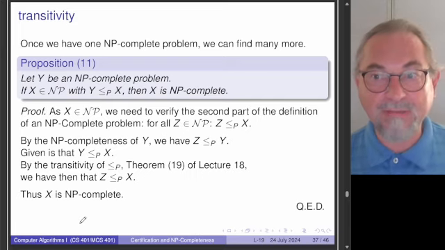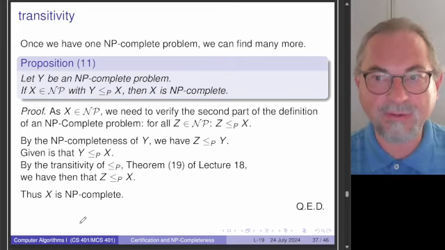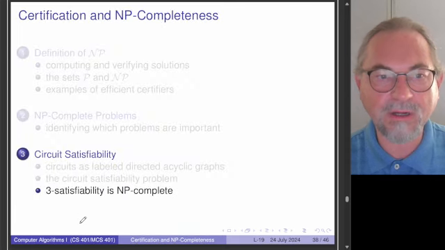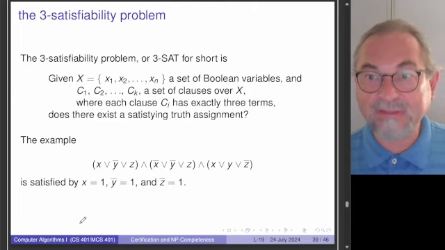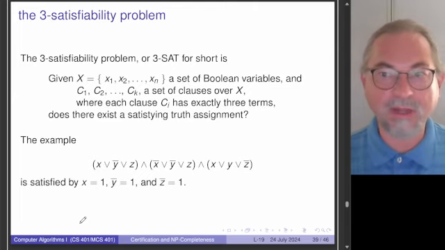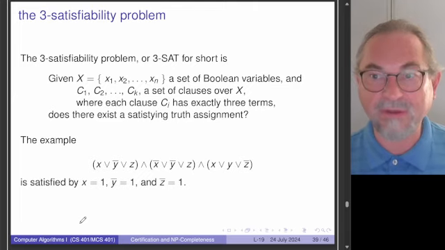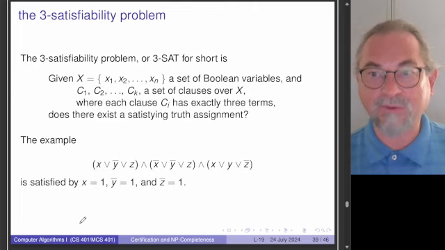Okay, so there are many more problems that are NP complete. Let us look at the 3-satisfiability problem. So what is the 3-satisfiability problem again? We have a sequence of clauses.